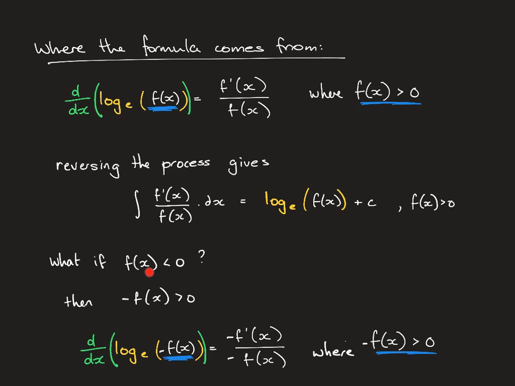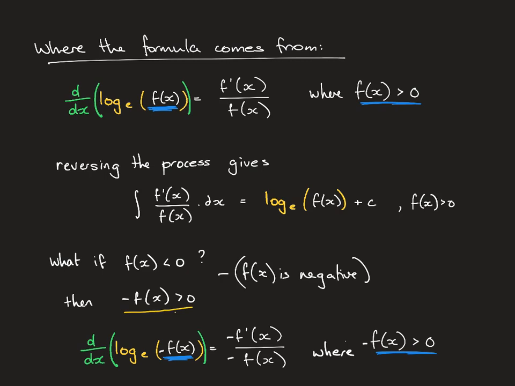So what happens if f(x) is less than 0? Well, if f(x) is less than 0, that means that f(x) is negative. And if you take the negative value of a negative number, you get a positive value, which is what this is saying here. Negative f(x) is greater than 0.